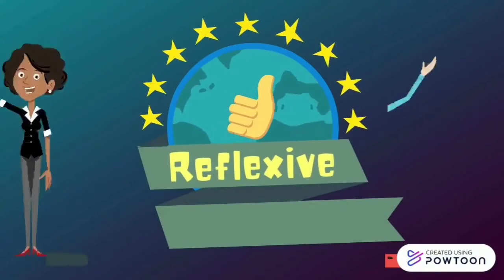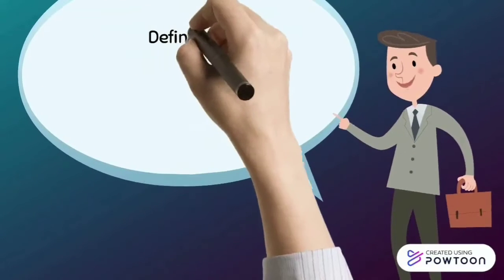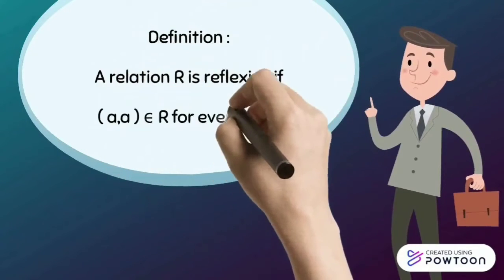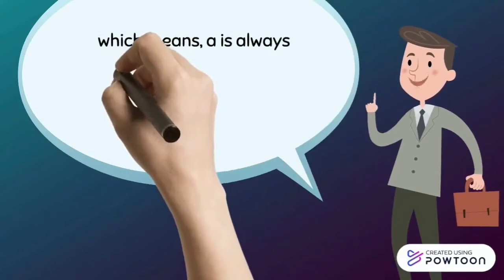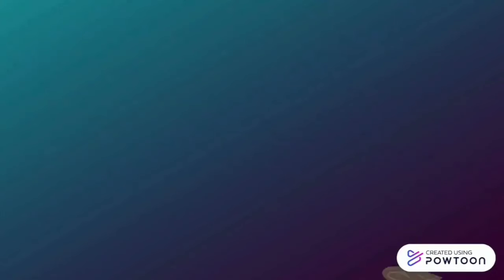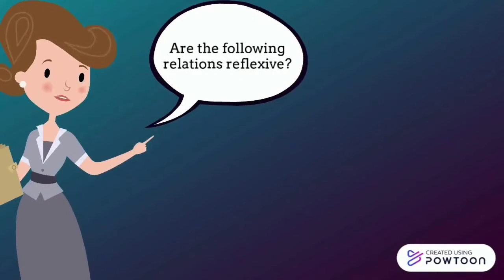First, let's look at reflexive. A reflexive relation is a relation where (a, a) is in the relation for all of the a's, which means a is always related to itself by the relation. The question is, how to determine whether the following are reflexive relations?